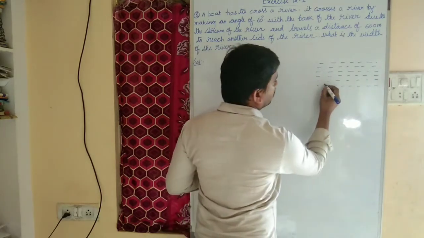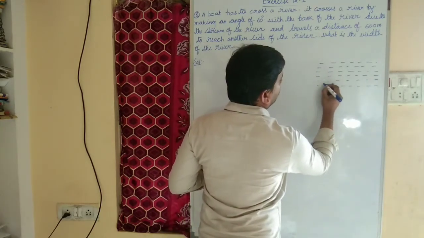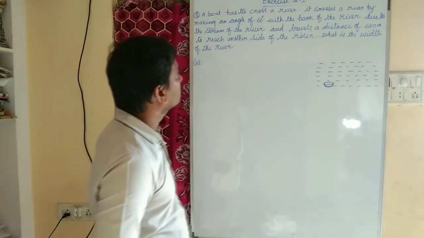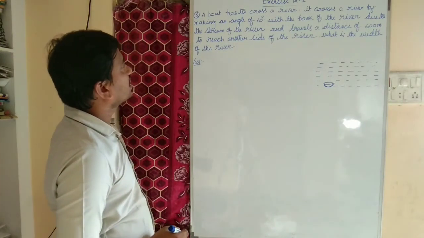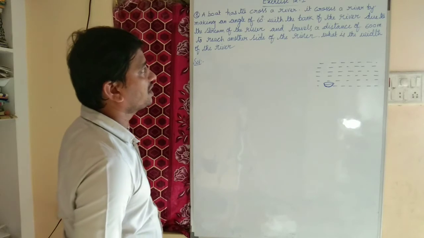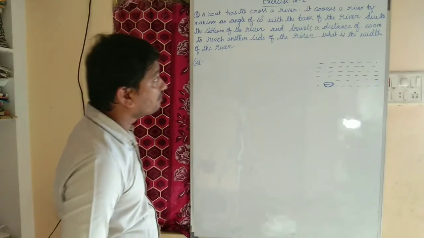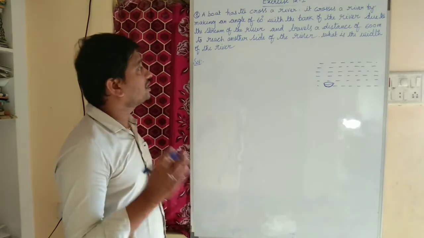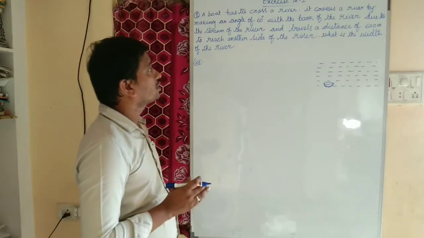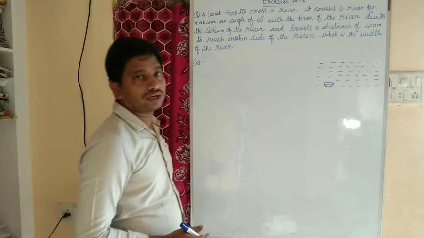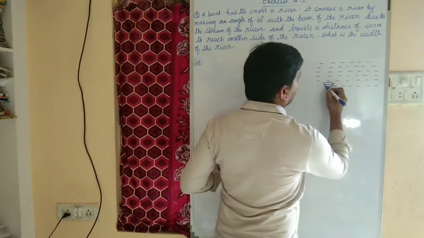Here we have a boat. It crosses the river by making an angle of 60 degrees with the bank of the river. Due to stream of the water, it travels a distance of 600 meters to reach the other side of the river. So, how much distance does it travel?